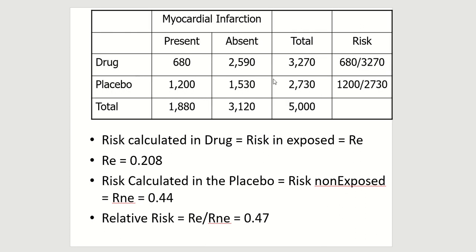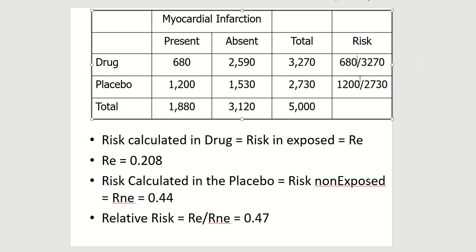So this is the table we were looking at, and as I said, we want to calculate the risk of myocardial infarction in the treated. That's the new cases of myocardial infarction, 680, divided by the total, 3,270. We also calculate the risk in the placebo, which is 1,200 divided by 2,730.